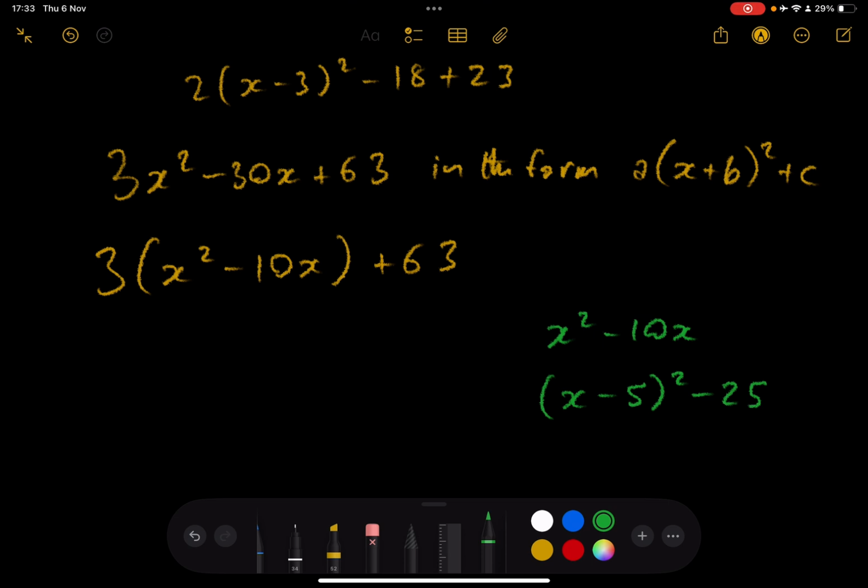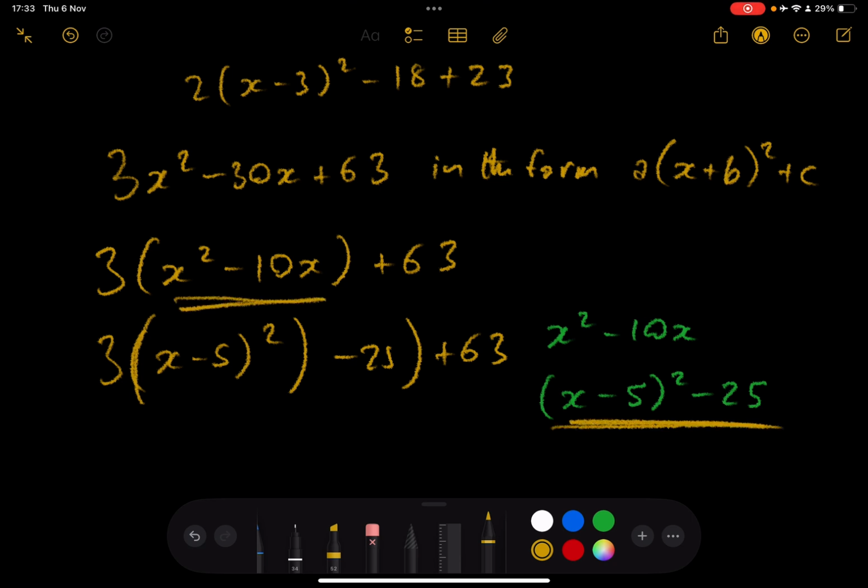So what I've got here is going to go in here, because this is exactly equivalent to this. So what I'm going to do, all right, 3, whoops, just chose eraser. 3 brackets x minus 5 squared minus 25, close those brackets, plus 63, because this whole thing goes in here.